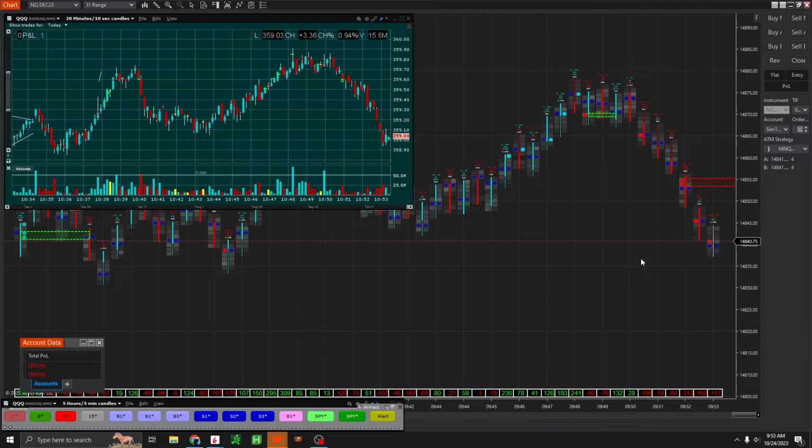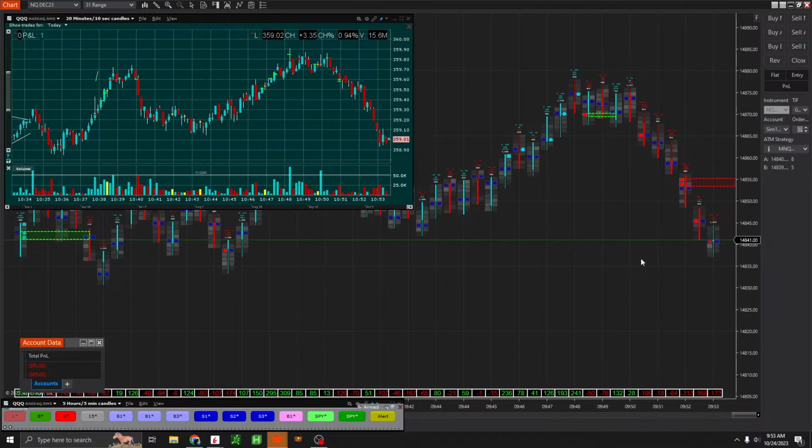All 3 indexes look like they're ready to push the high. They're just sitting on the high right now. Pretty significant nodes building up on oil. 17 and 28.